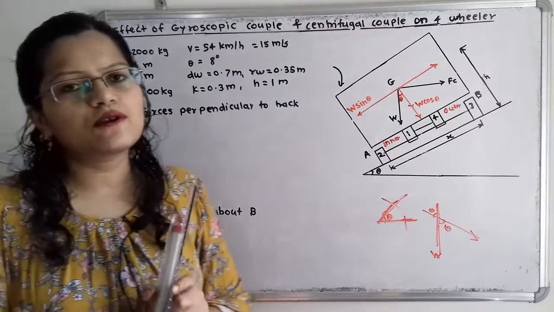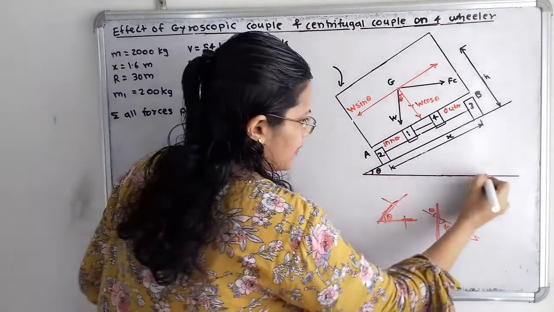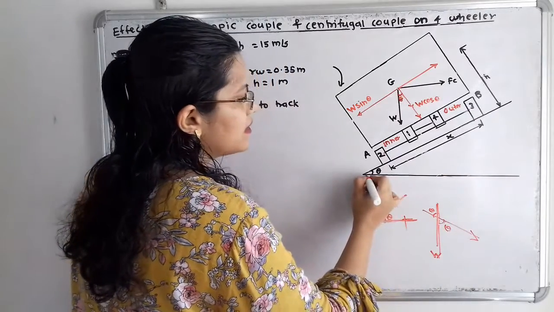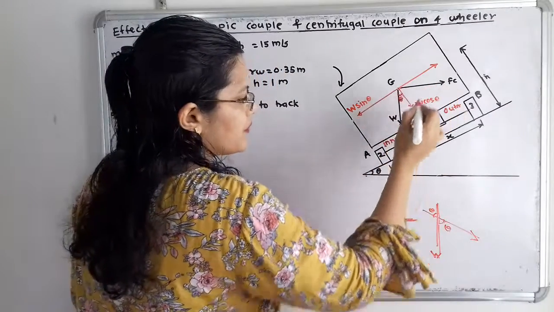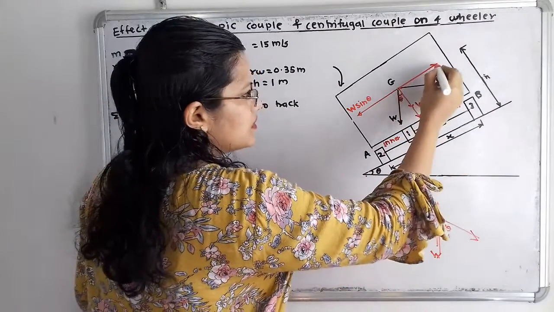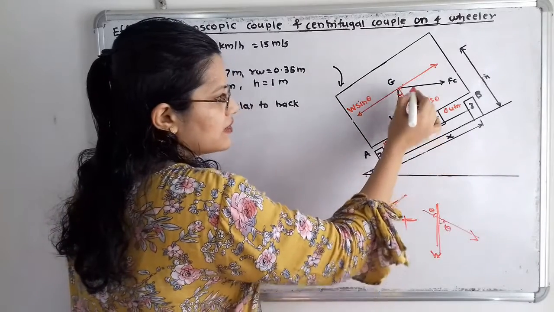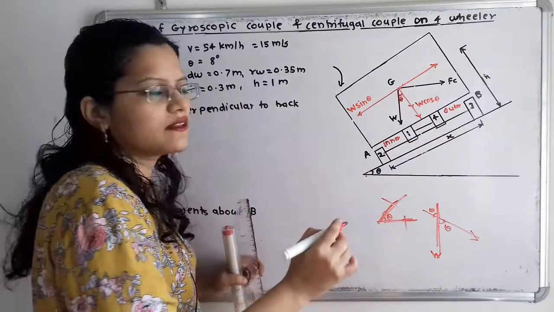Now again we have to decide the value. If we observe, here is the horizontal line. This is a line parallel to this FC, and again this is the inclined line. This is a line parallel to this line. So these two lines are parallel to each other, and this FC and this horizontal line are parallel to each other.